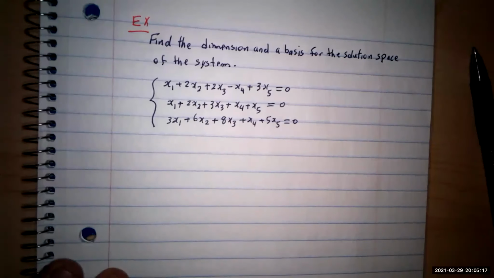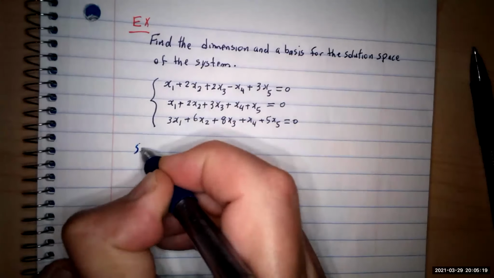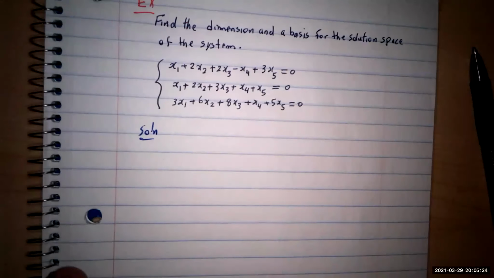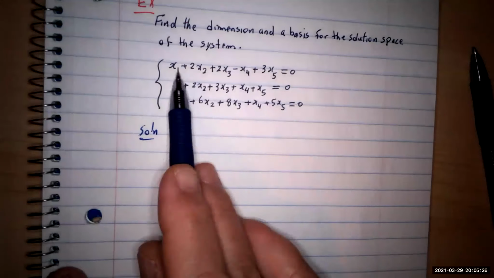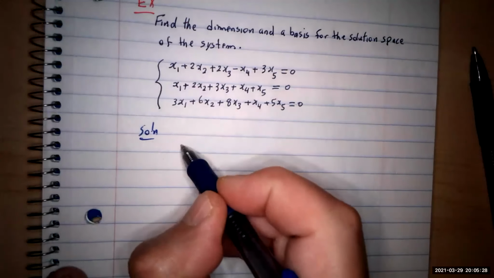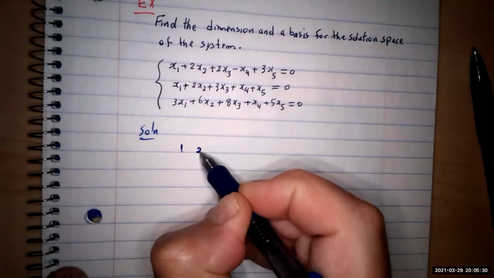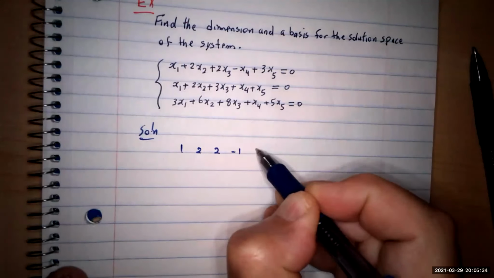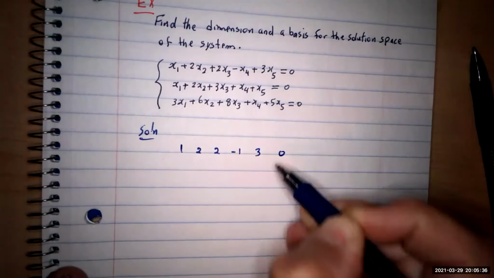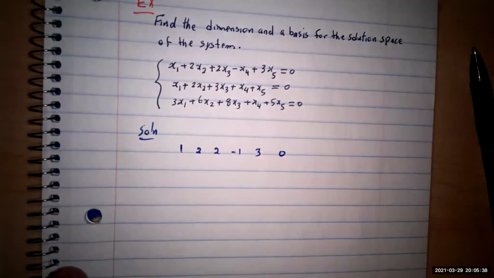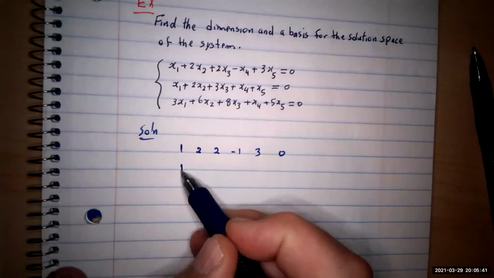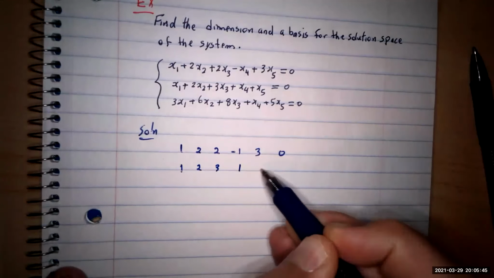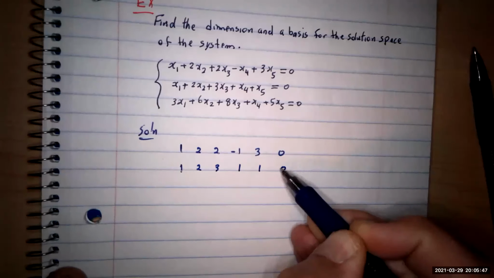So start with your matrix, and remember you have 5 variables. The first equation is 1, 2, 2, -1, 3, and 0 for the constant vector. The second one is 1, 2, 3, 1, 1, and 0.